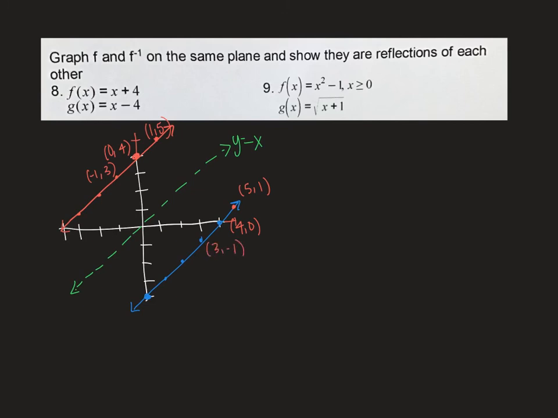So all of those ordered pairs are just flip-flopping and they're on the opposite line. So same thing with number 9.